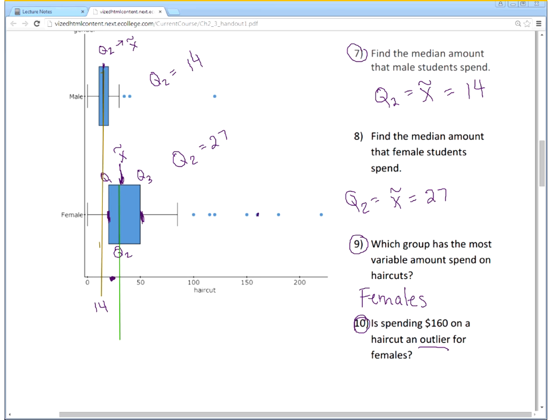So yeah, you know it's an outlier, but we have to show why it's an outlier. Is spending $160 on a haircut an outlier for females? This is how you determine whether something is an outlier. It has to be above the third quartile by 1.5 of the IQR, or below the first quartile by 1.5 of its IQR.